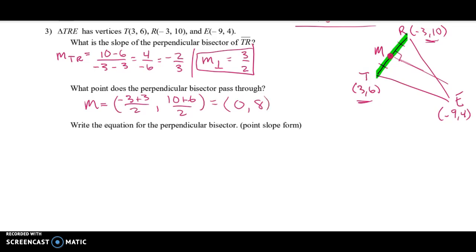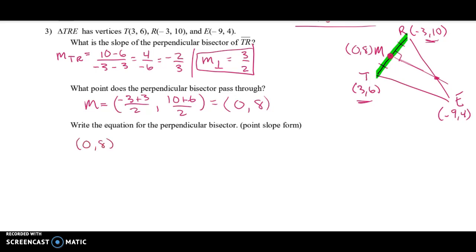Okay, the equation for the perpendicular bisector, so we'll put this at 0, 8. That's the next thing. This time we don't know the other endpoint of this, because remember, perpendicular bisectors have to be perpendicular to the line and bisect it. But we do know that there's a point 0, 8 that it goes through.